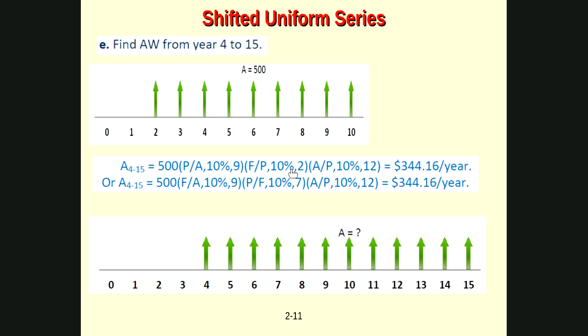Is it clear? The transformation from year 1 to year 3 is given in this F given P, because you need to find the value in year 3, and you are now at year 1. After you converted all these values to year 1, you need to move it to year 3, which is in the future after 2 years, and then you convert it to annual. Clear, right?